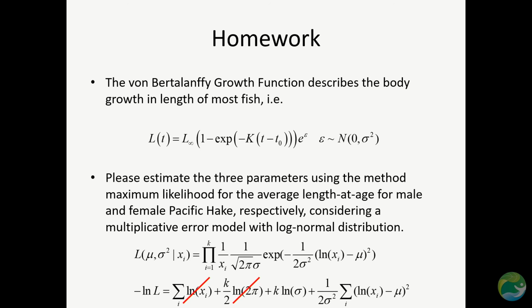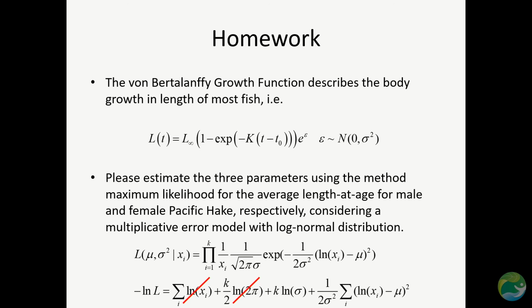LT means the size at age t. So when age is t, what is the size? L infinity is a parameter of this growth equation. K is another parameter for this equation. T0 is another parameter for this equation. So how does this equation look?